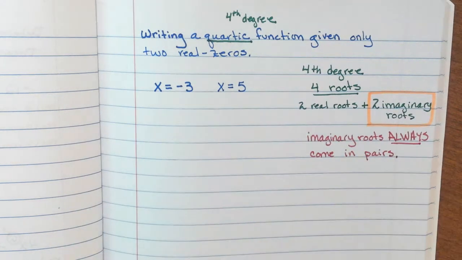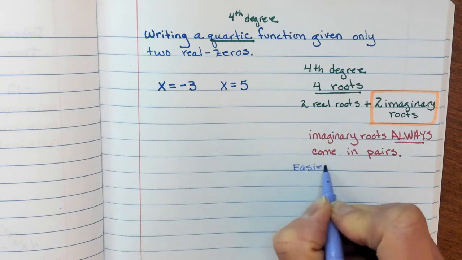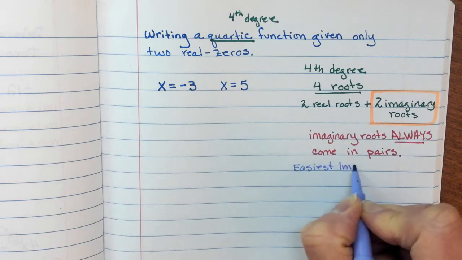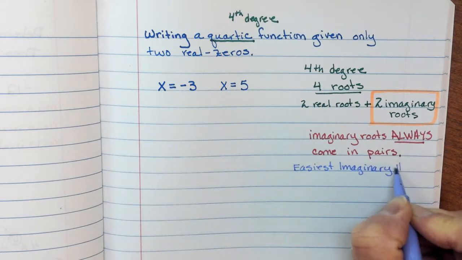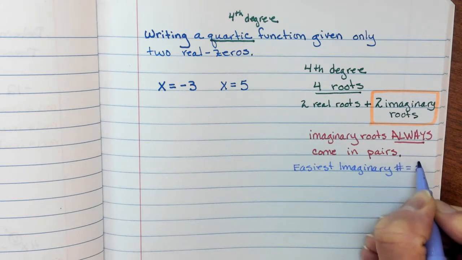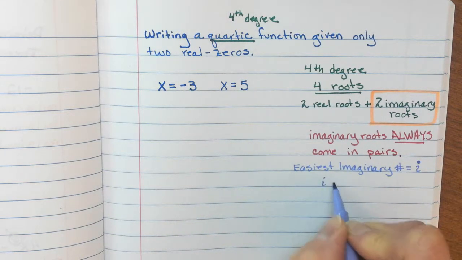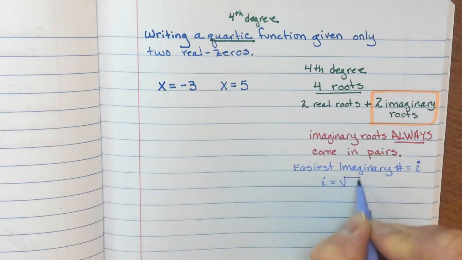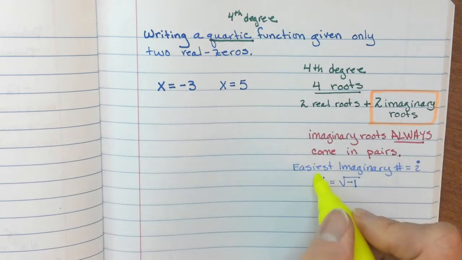The easiest imaginary number to deal with is the number i. Just for review, remember that i is the square root of -1. That's simply by definition.